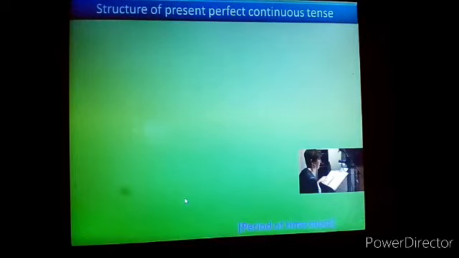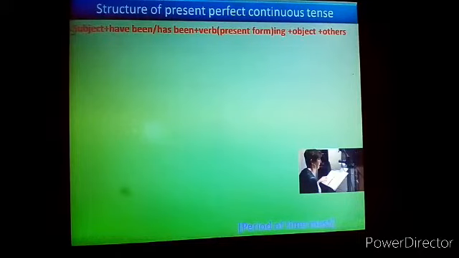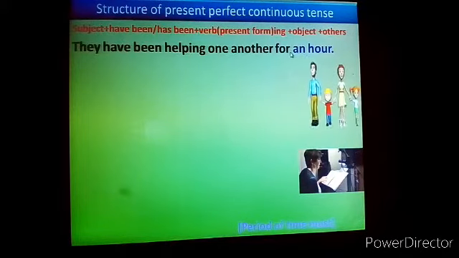A structure of present perfect continuous tense: subject plus have been or has been plus verb present form with ing plus object plus others. They have been helping one another for an hour.